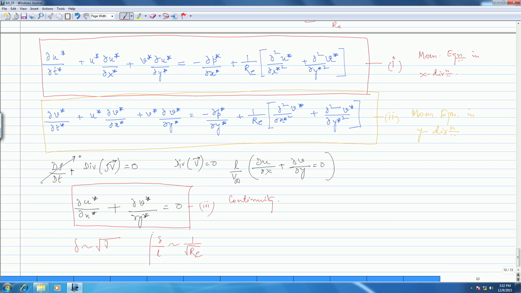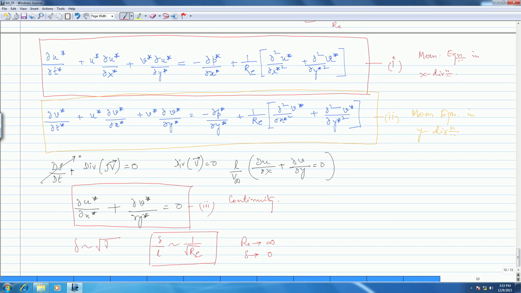The boundary layer thickness is inversely proportional to the square root of the Reynolds number. So, if the Reynolds number is very large, tends to infinity, then the boundary layer thickness tends to 0.